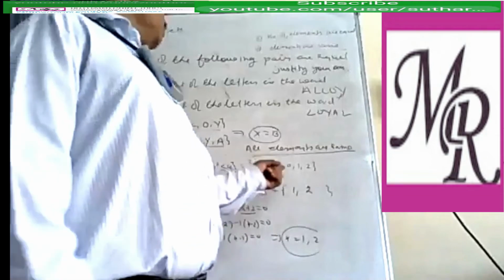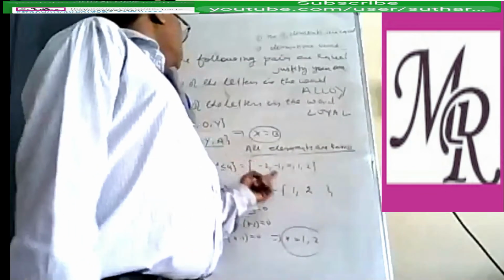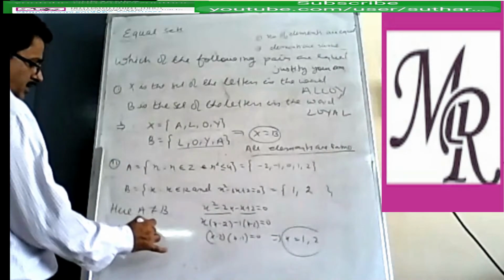Since 0 belongs to A, but 0 does not belong to B. Or you may give any other example, minus 1 belongs to A but not B, or minus 2 belongs to A but not B. So you can write here A not equal to B, as 0 belongs to A but 0 does not belong to B. So this is the justification. So write down this example.